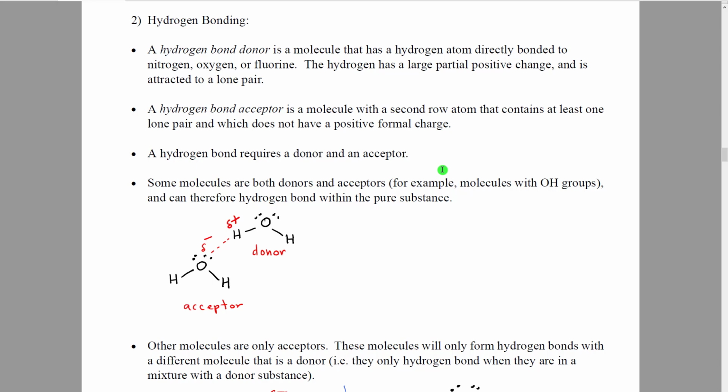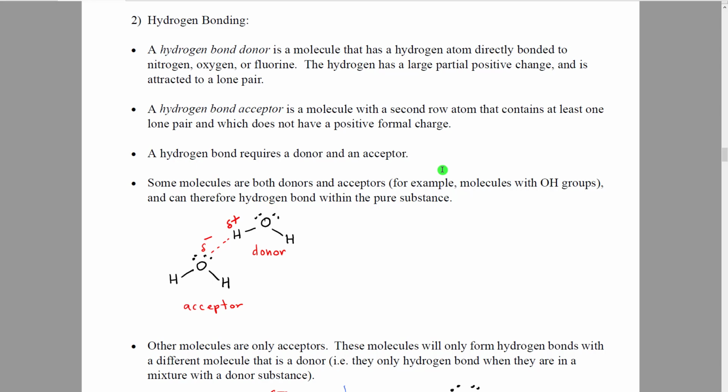Some molecules are capable of being both donors and acceptors. In particular, a really good example of this is a molecule that has an OH bond within the molecule. It can generally use the hydrogen of the OH bond to be the donor, but then it can use the lone pairs on the oxygen to be the acceptor.